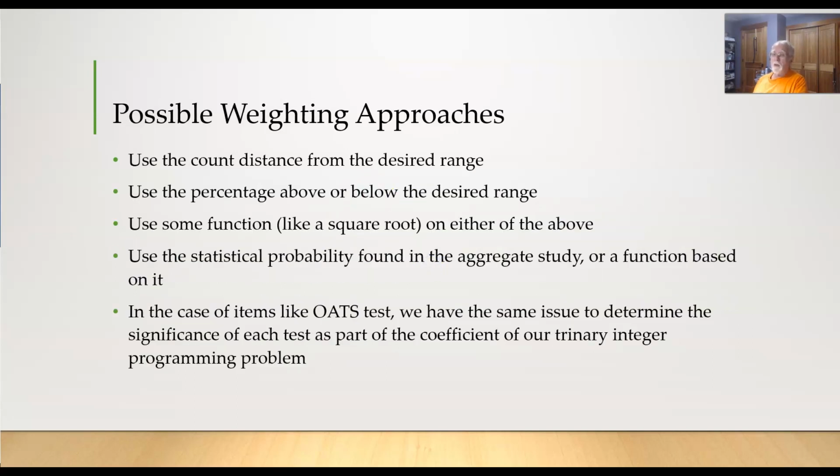How do we give the weight? Do I count the distance in terms of how far it is from the desired range? If you are, for example, dealing with a 16S sample, the numbers are all out of a million. So if one is 500 for desired max level and you're 510, that gives you a value of 10.